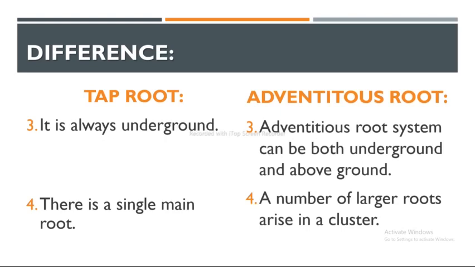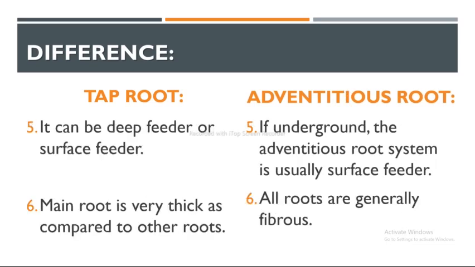Taproot, there is a single main root. Adventitious root, a number of the larger roots arise in a cluster. Taproot, it can be a deep feeder or surface feeder. Adventitious root, if underground, the adventitious root system is usually a surface feeder.